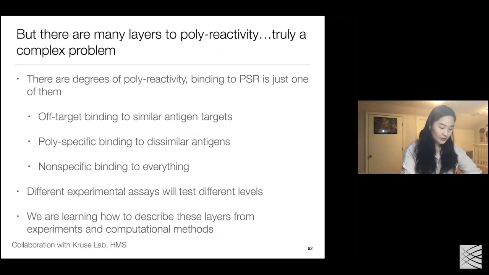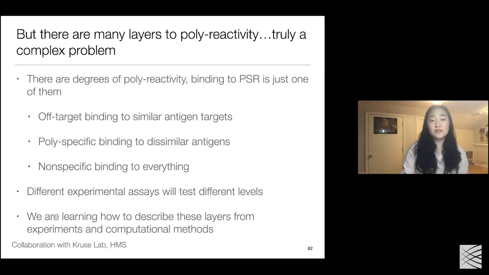But what I really do want to mention here in terms of nanobodies is that polyreactivity as a term is a really complex problem. There are many degrees to polyreactivity. Binding to PSR is just one example. For example, you could imagine that a nanobody has off-target binding to similar antigen targets, for example, a few different GPCRs. You could also imagine that a sequence could have polyspecific binding to many dissimilar antigens. And then you can have a sequence that's just extremely nonspecific, binding to everything.